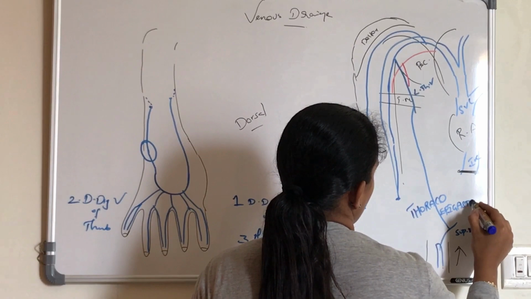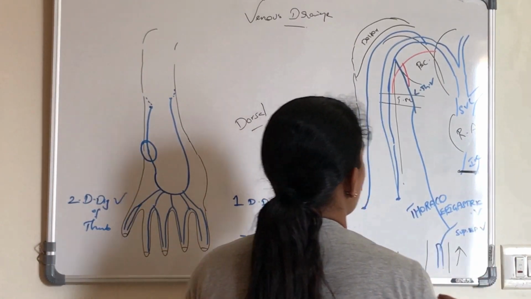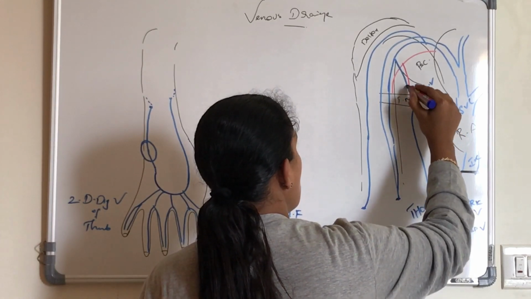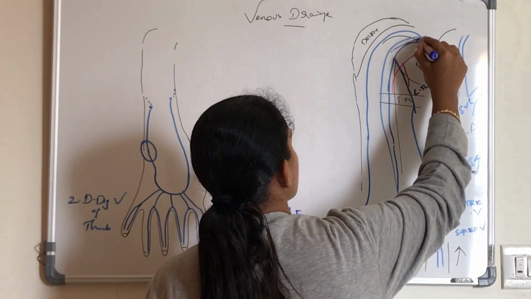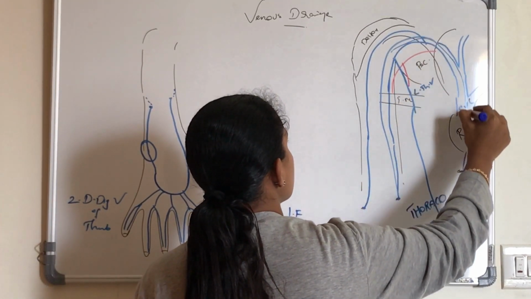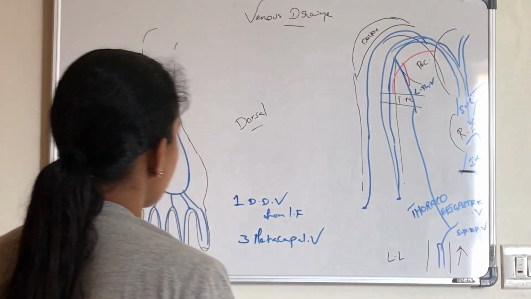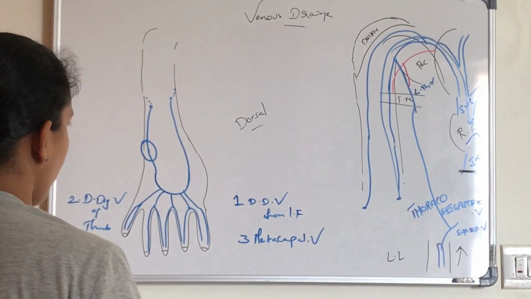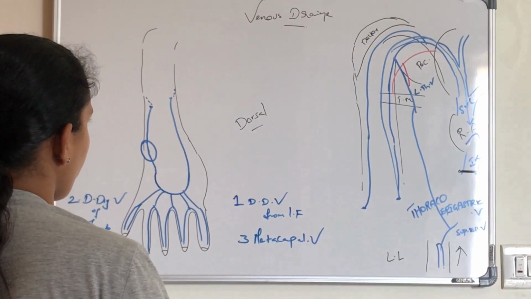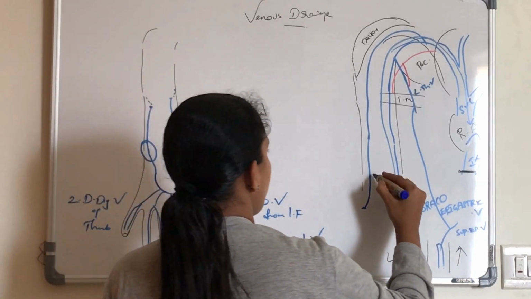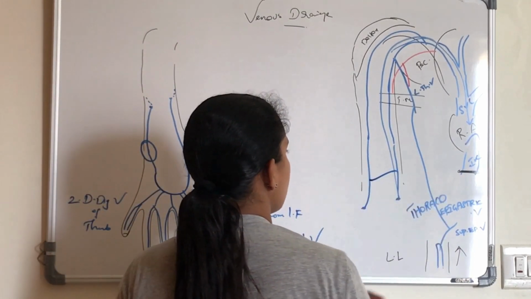So this thoracoepigastric vein is the link vein between upper limb and lower limb. Through the thoracoepigastric vein it reaches lateral thoracic and axillary, then to the subclavian, superior vena cava, blood finally reaches the right atrium. So this is the lateral circulation when the IVC is blocked.